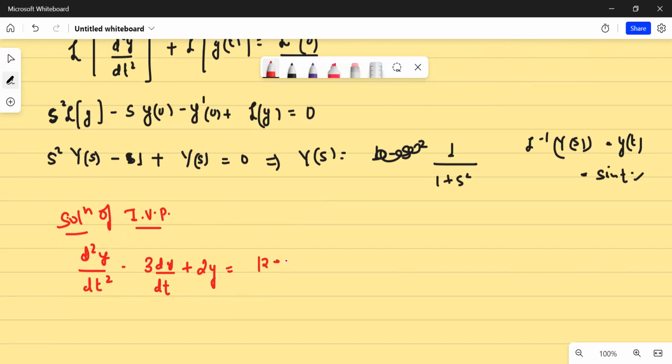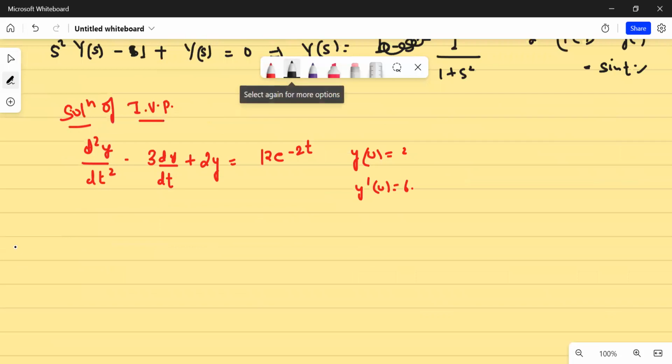It is equal to 12 e to the power minus 2t, given that y of 0 is 2 and y dash 0 is 6.